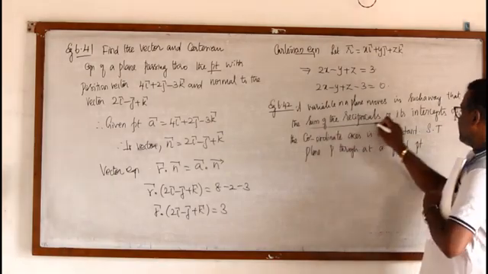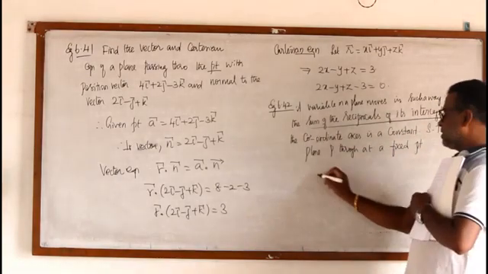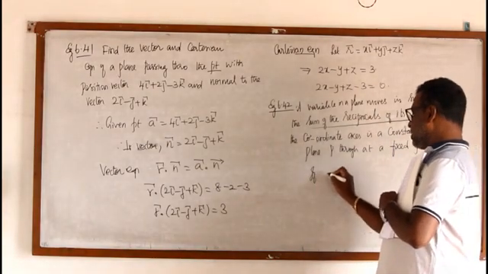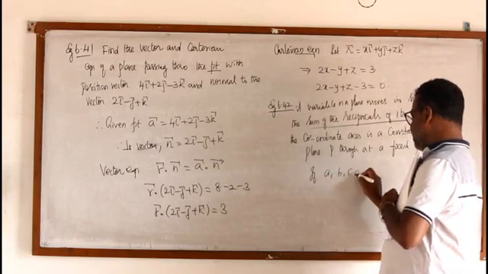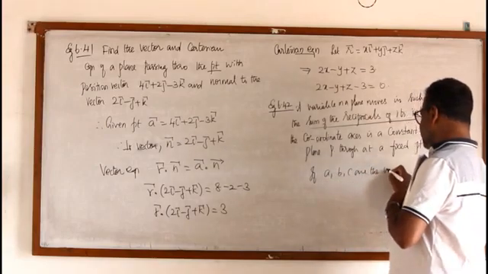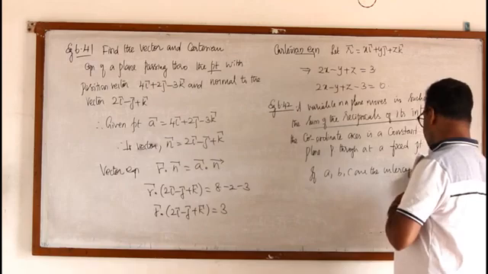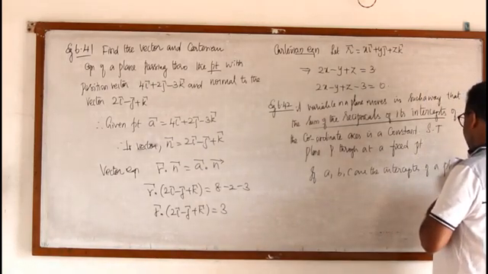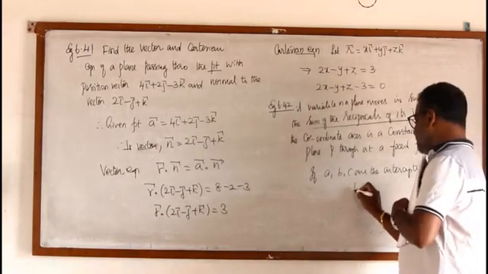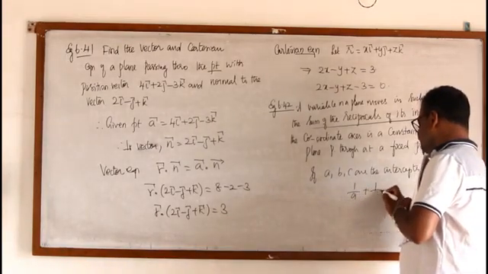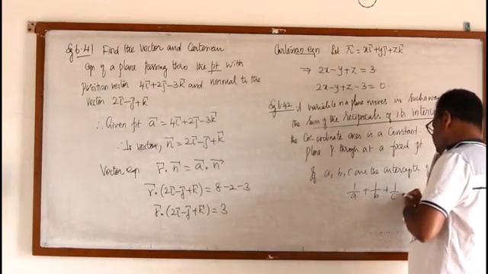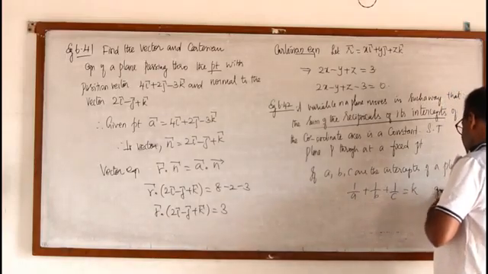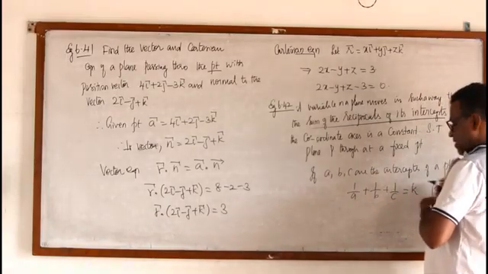Given the sum of the reciprocals of the intercepts. So if a, b, c are the intercepts of a plane, then what is given? The sum of the reciprocals, 1 by a plus 1 by b plus 1 by c, is a constant k. This is what is given.